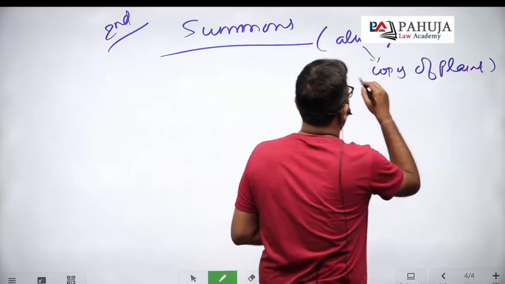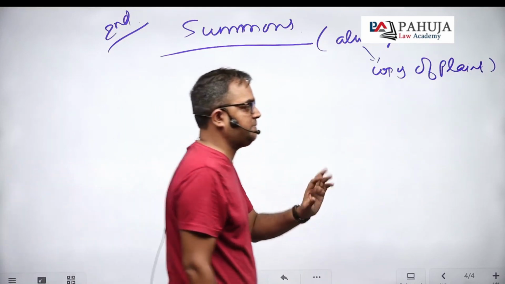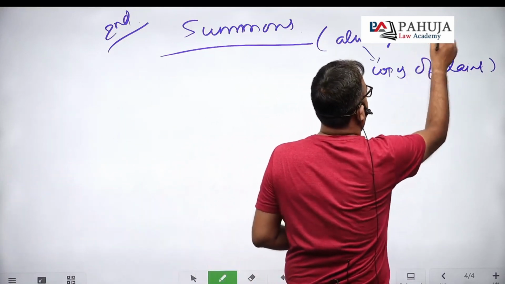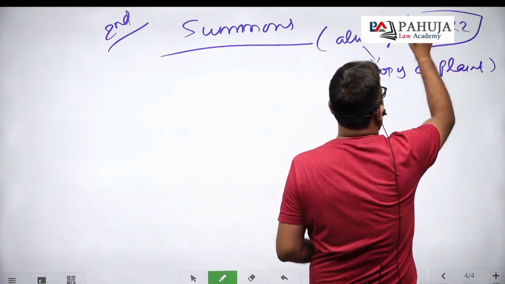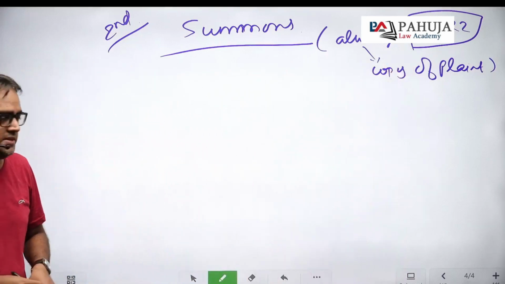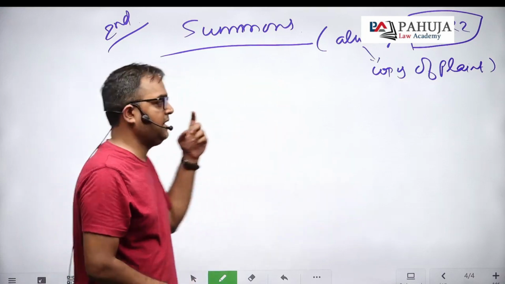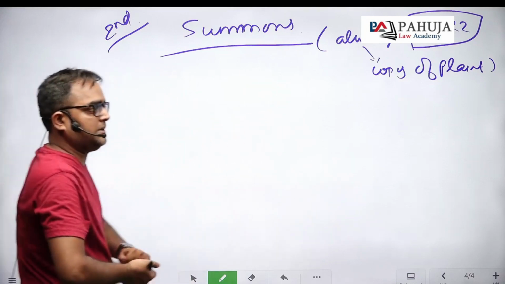Whenever the summons are served upon the defendant, there is a copy of plaint attached. If you have the bare Act of CPC, it is under Order 5 Rule 2. Order 5 Rule 2 says the copy of the plaint must be attached with the summons, right? So that is why we can say कि plaint के बाद हमारा क्या आएगा? Summons आएगा, right?